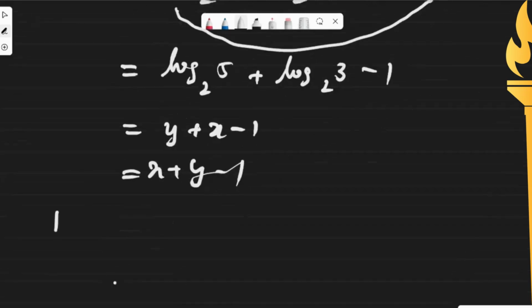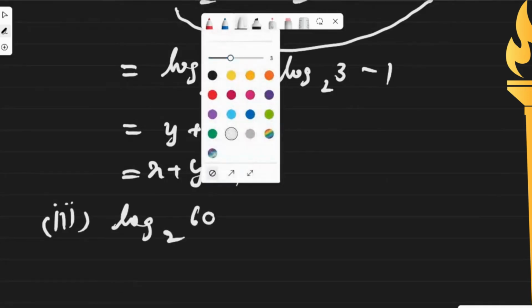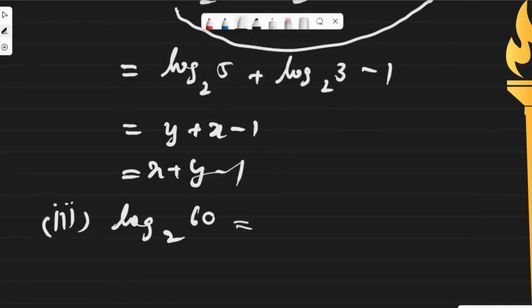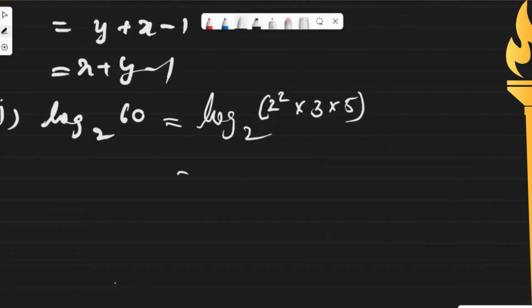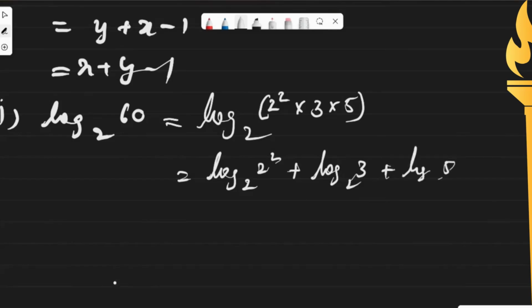Now third one we have log 60 base 2. So now 60 can be written as 2 square into 3 into 5 base 2. Next, first point, log x into y we have log x plus log y. So log 2 square base 2 plus log 3 base 2 plus log 5 base 2.